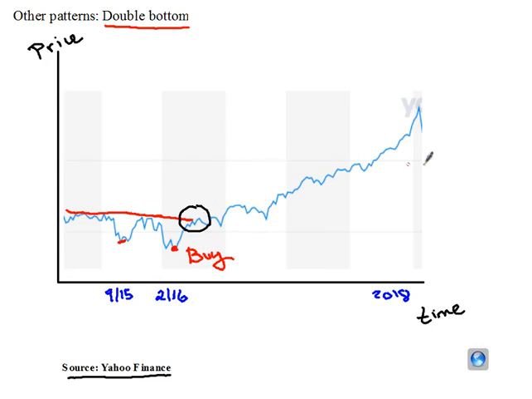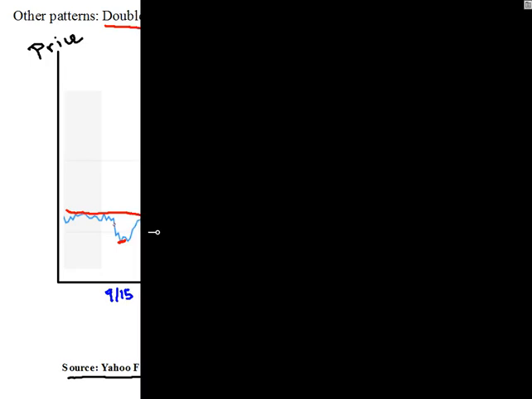The other thing we have to remember is that I'm looking at the whole graph at once. We're looking into the past. But if we were following this share price in real time, we wouldn't know that it's going to go to new all-time record highs. If you were actually there in September 2015, you didn't know the market went down to here. You didn't know it was going to be a double bottom ahead of time.